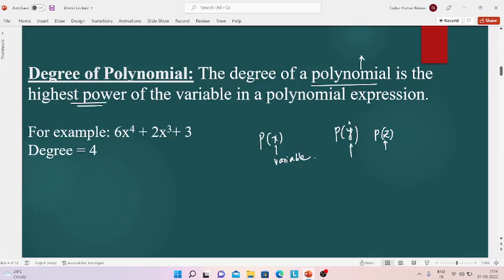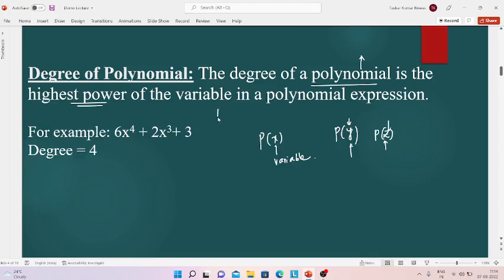You will sometimes get an expression related to the variable y, related to the variable z. So you will get different variables, but the main point is that p(x) or p(y) or p(z) must be a polynomial expression, and after that the degree of a polynomial is the highest power of the variable, right? We have to check the highest power of the variable in a polynomial expression, right?